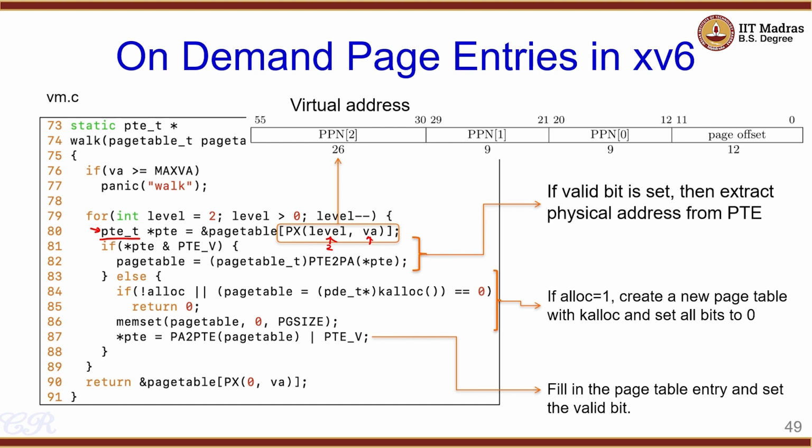And what is essentially done over here is that this macro PX level comma VA extracts this value called ppn2, right? And this macro is then used to index into the PTE entry.